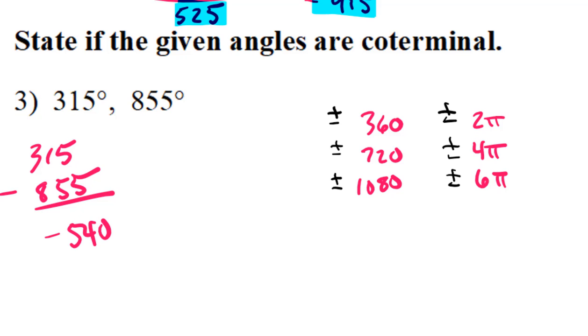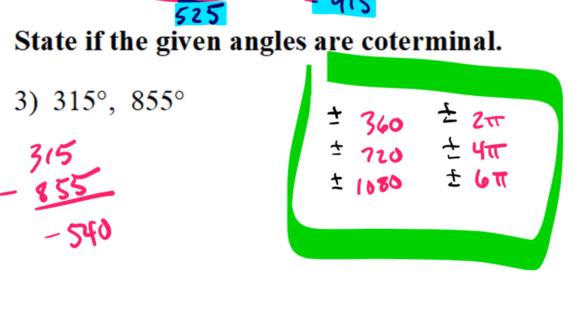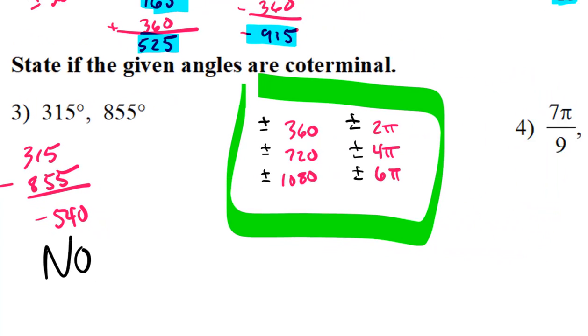I'm going to put a little green box around that. You want to compare that to 360, 720, and 1080. Does 540 go into any of those numbers evenly? The answer is a big fat no, it does not. That means these two angles are not coterminal, because their difference has to be a multiple of 360 degrees. That's one way to do it.